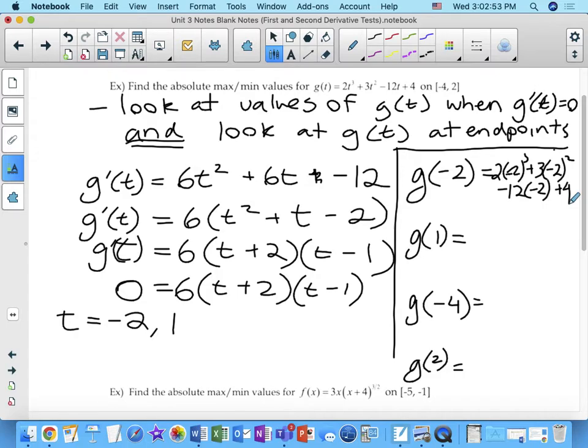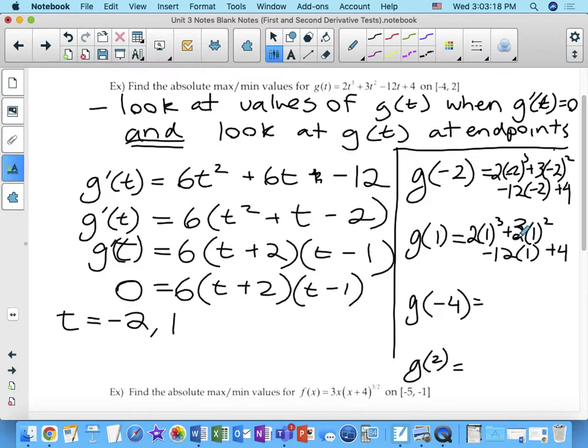Okay, g of 1, that one's easier. 2 times 1 cubed plus 3 times 1 squared minus 12 times 1 plus 4. I can do that one. You guys do the rest. Thank you. Once McKenna fixes it for me, then I'll do it.